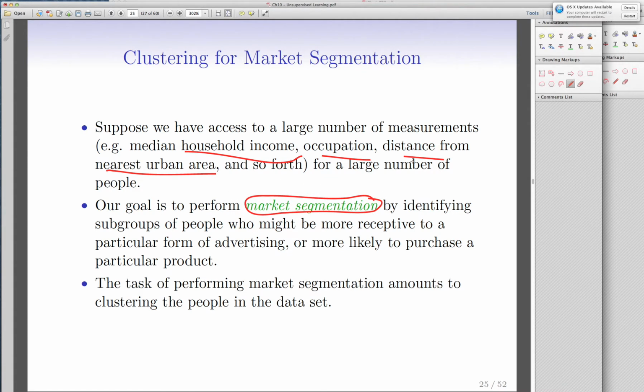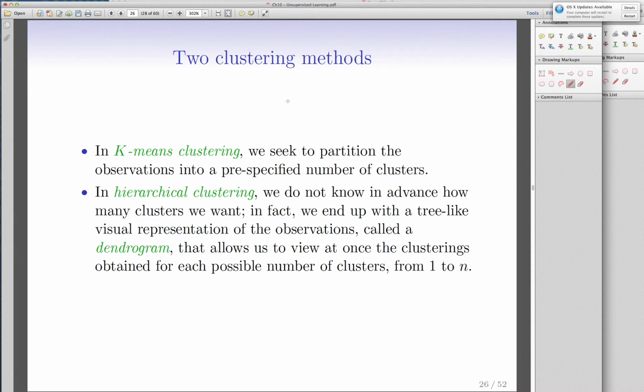We want to cluster them together so that we are able to send them a particular form of advertising to target them individually. So we want to find the similarities and then send the most effective means of advertisement to target them. In order to find these market segments, we have to use clustering techniques.